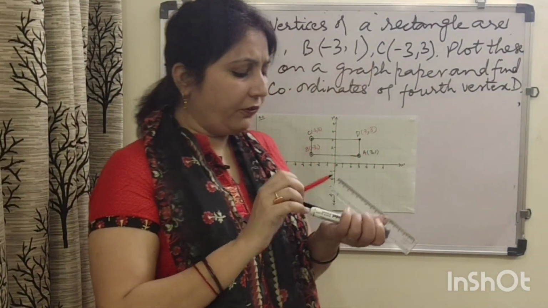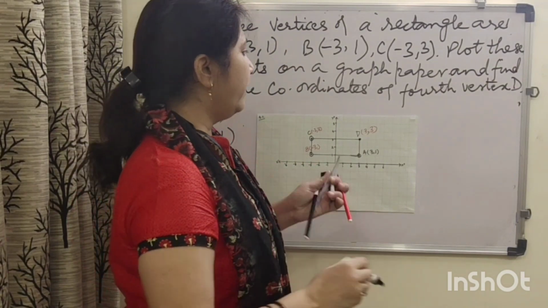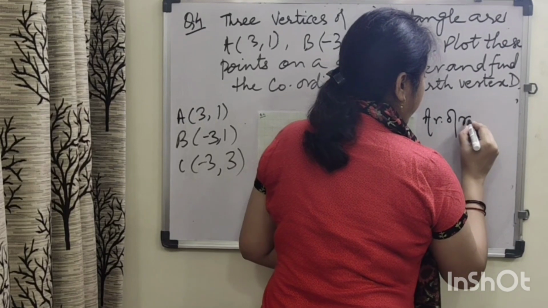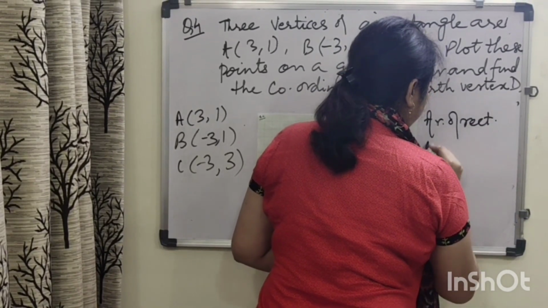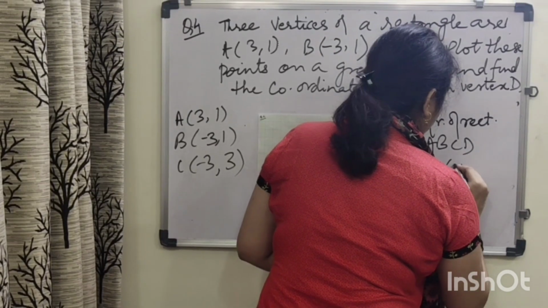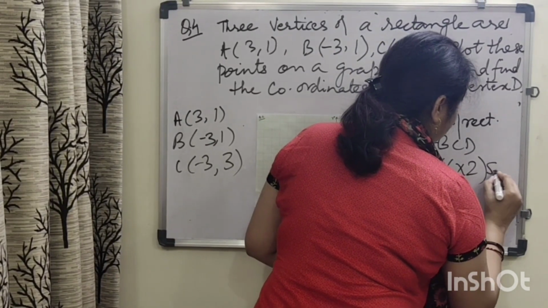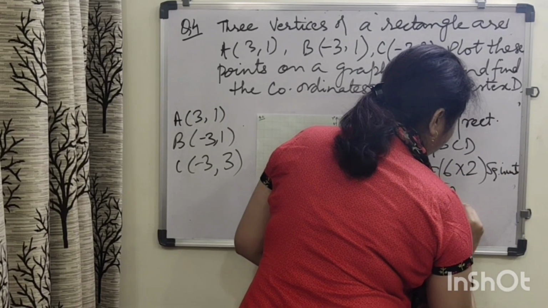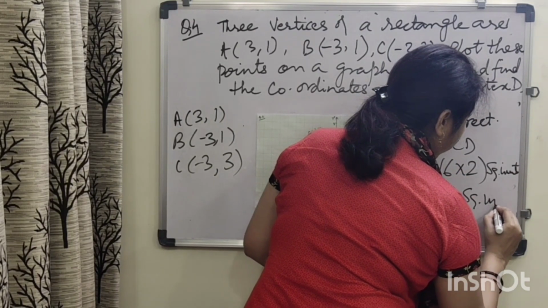So area of rectangle ABCD is 6 into 2 square units, that is 12 square units.